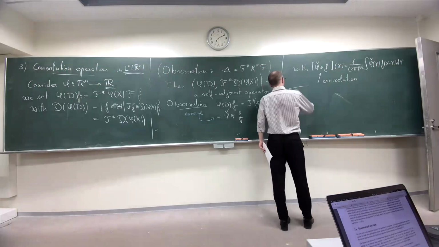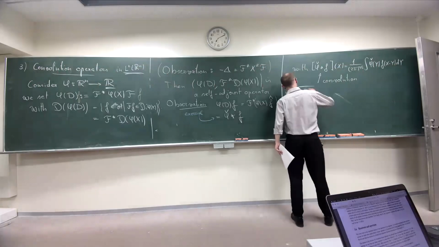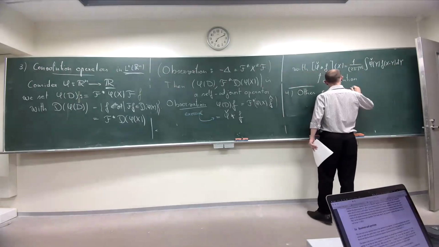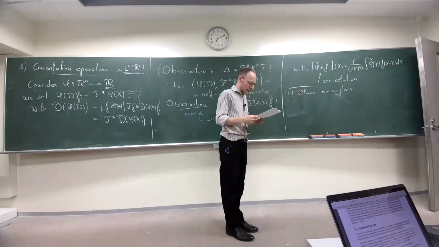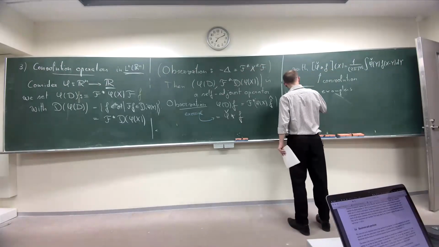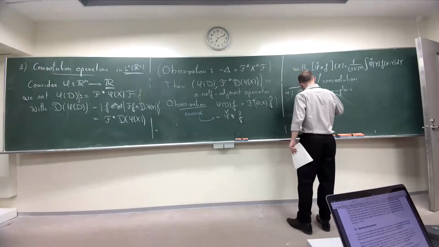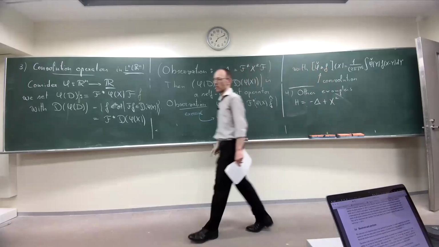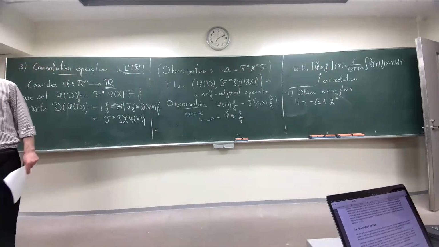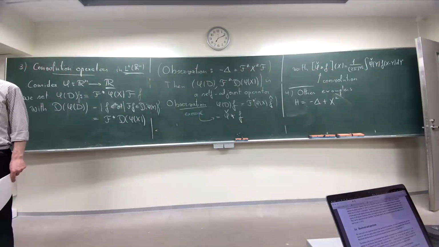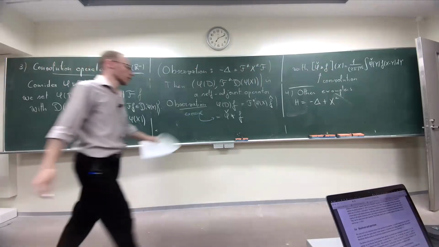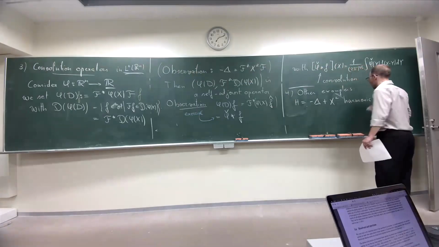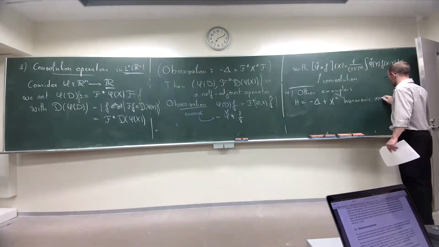Now, additional examples, and I will not say so much. I will just give two names. If you consider H, which is minus Laplacian plus x squared, this is the sum of two operators I have introduced, the Laplacian and x squared. This is called the harmonic oscillator, and if you do any quantum mechanics course, you will study these operators.